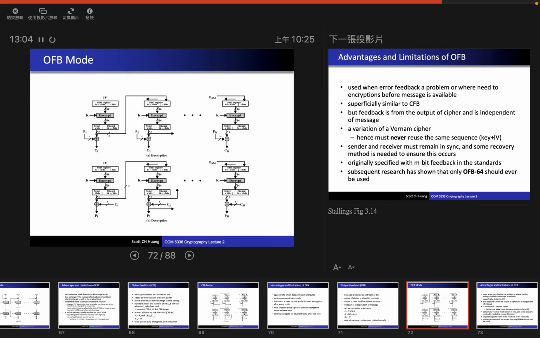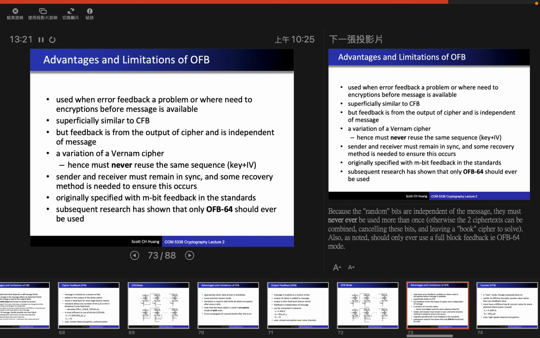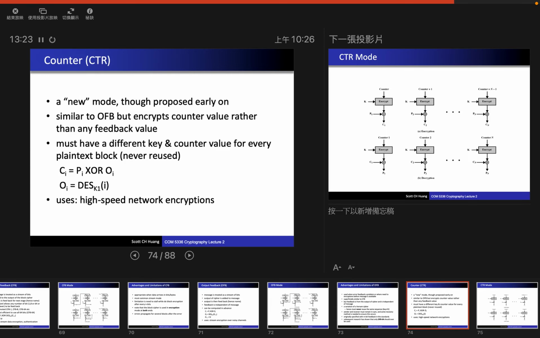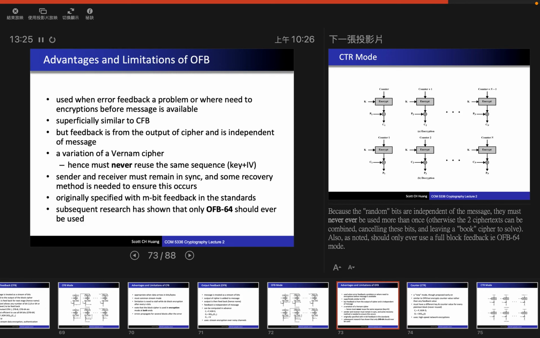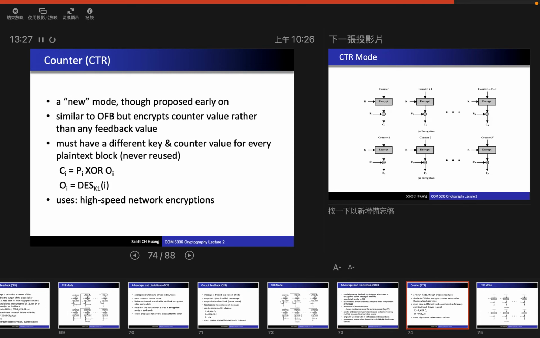That is why it's a fundamentally different mode. It almost turns a block cipher into a stream cipher. So sometimes we call this the stream mode. Yeah, that's OFB.